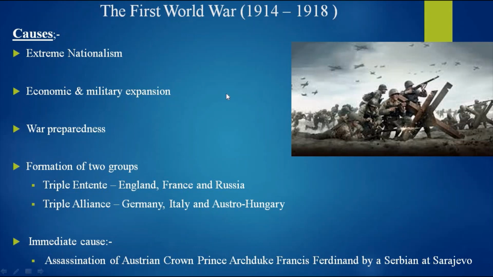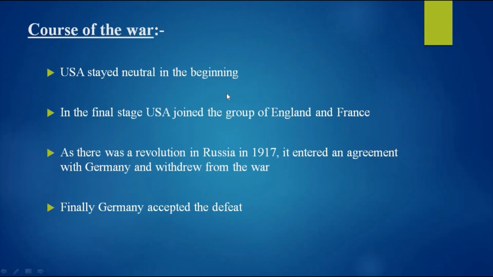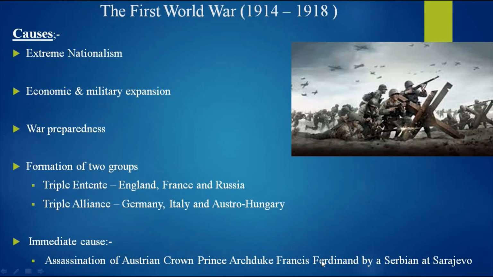So in 1914 the First World War started, and it lasted up to 1918. Now, the course of the war. As I told earlier, a Serbian killed the Austrian crown prince, so Austria decided to attack Serbia.